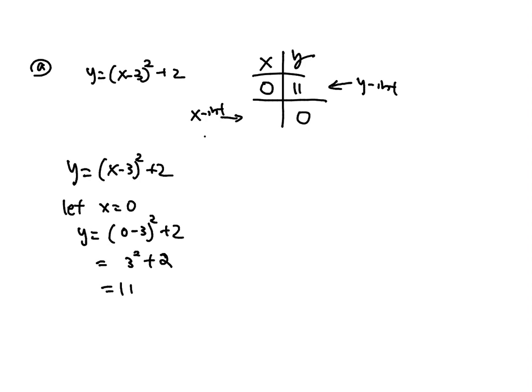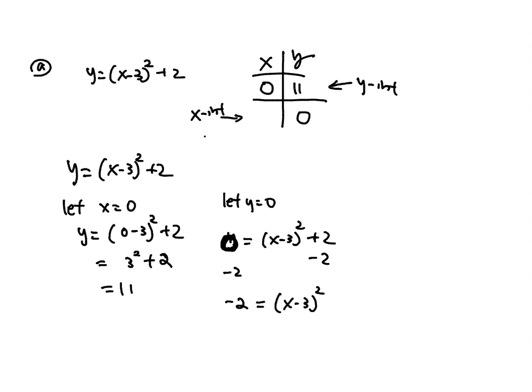And to find the x-intercept, we're going to let y equal 0, so you get 0 equals (x minus 3) squared plus 2. Subtract 2 on both sides, you get negative 2 equals (x minus 3) squared. And here is our problem.